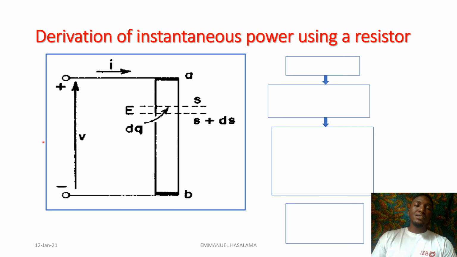And since the voltage is constant, the electric field as well is going to be constant. So if we took out a small segment of this resistor, the segment from S to S plus ds, the distance between these two ends of this segment is just ds.